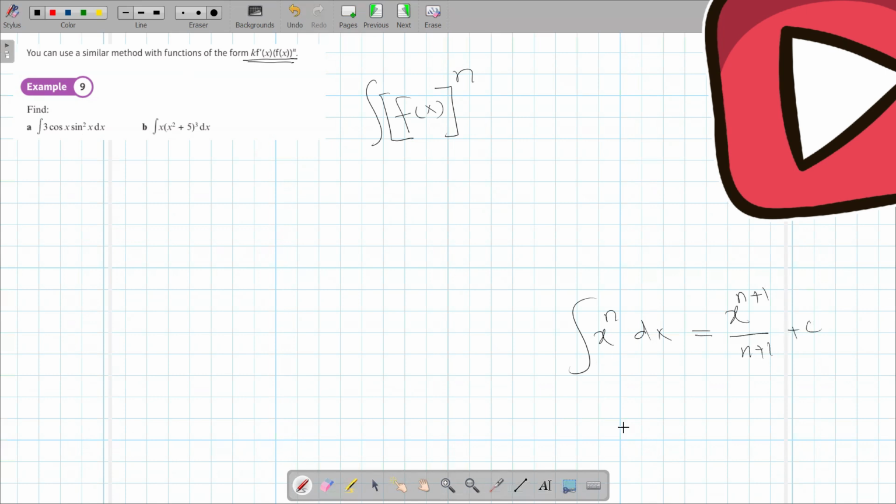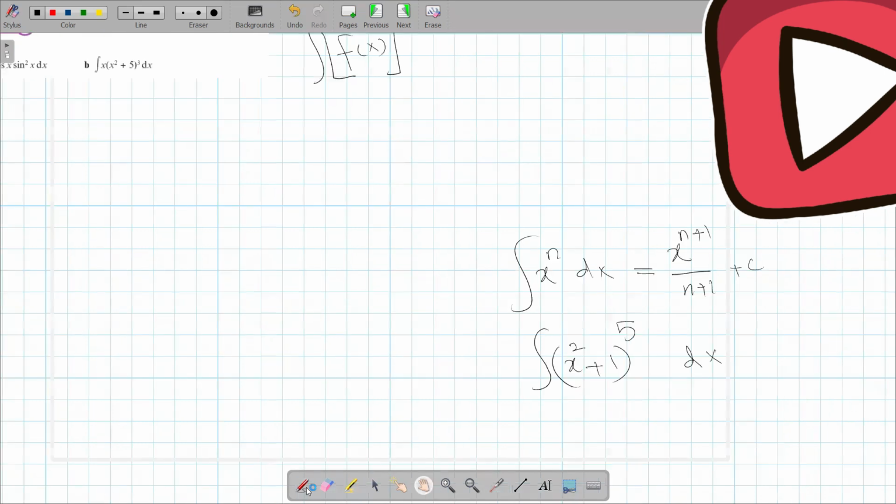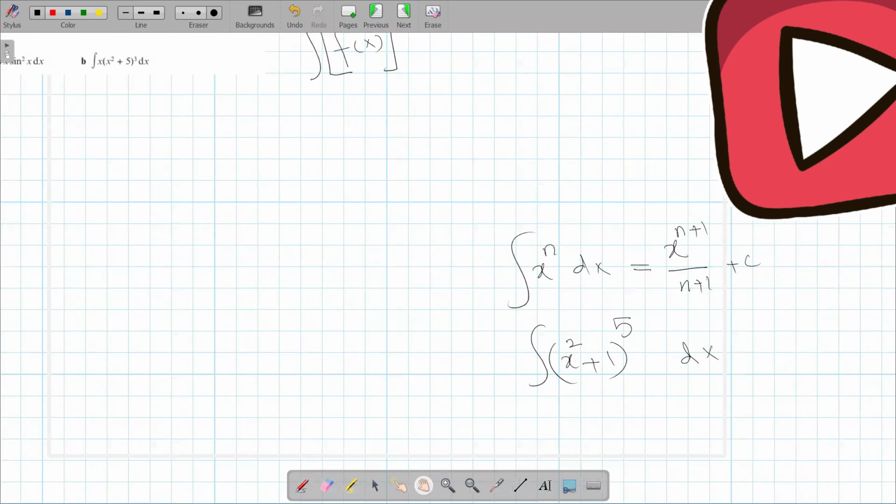But what if there is any other function like x squared plus 1 whole power 5? How to integrate this? The same way or not? No, because you have to multiply the derivative as well, right? Yes, exactly. Here we should have the derivative, meaning 2x should be present here. If 2x is present, then you can integrate the same way. Just add 1 to the power and divide by the new power.